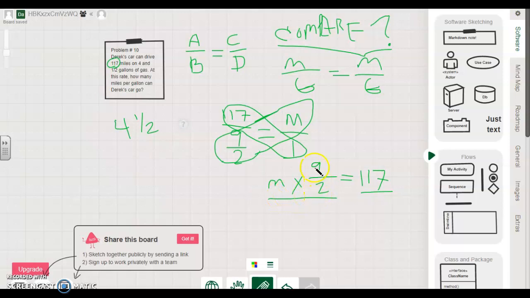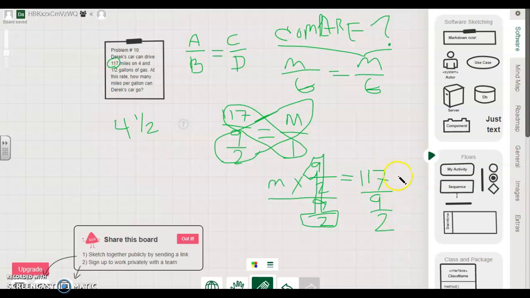So I'm going to divide both sides by 9 over 2. Some people say that cancels out, but what it does is turn that 9/2 into a funny looking number 1. M times 1 is M, so that's basically gone.